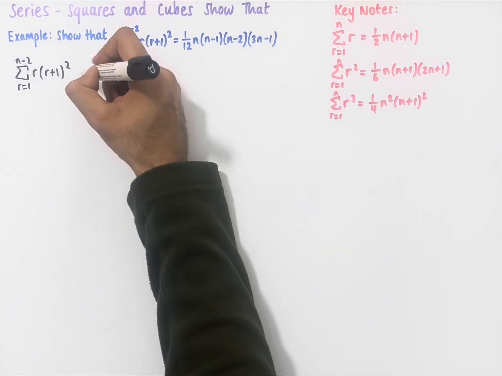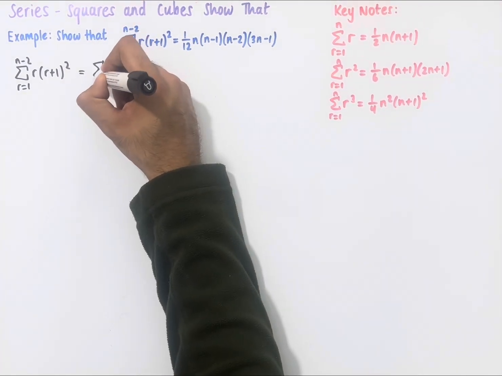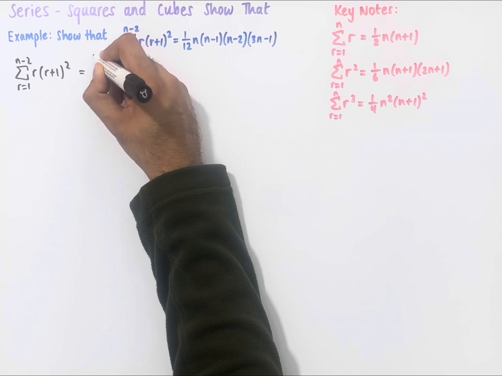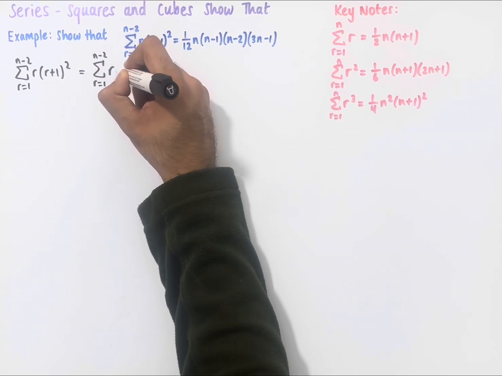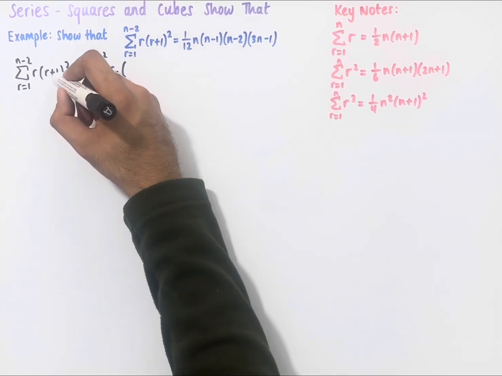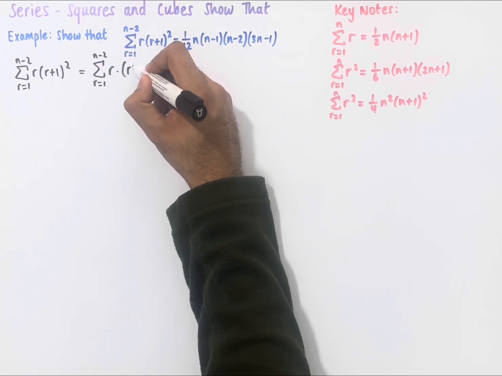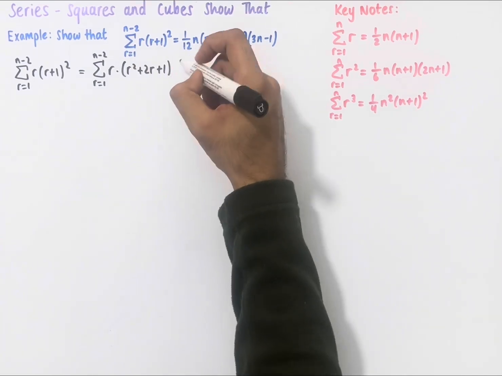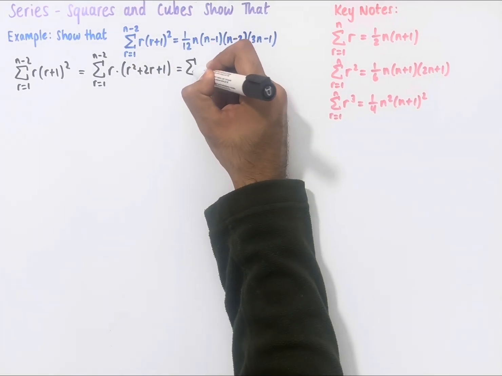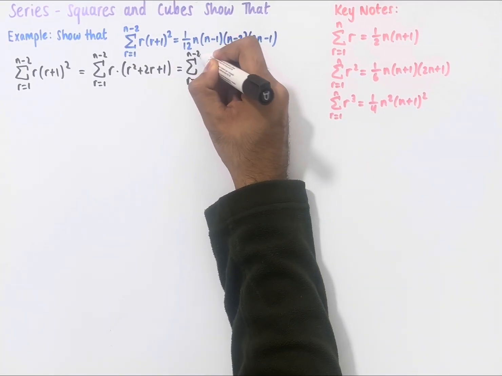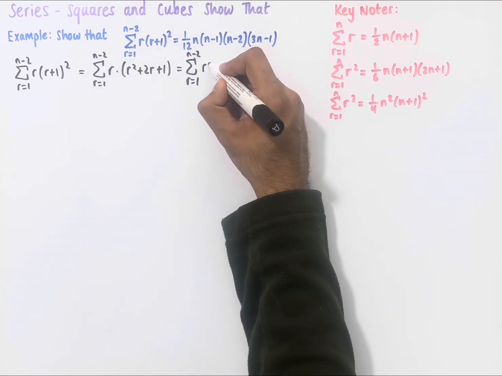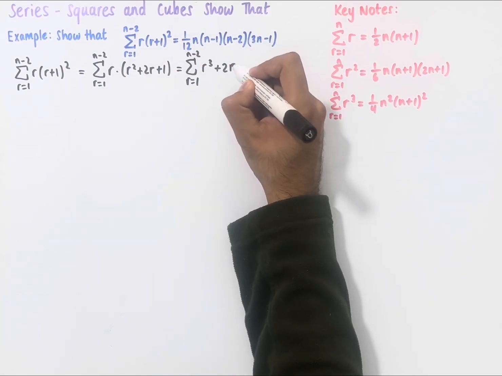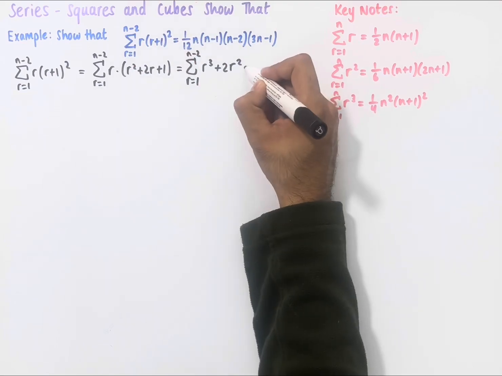And now expanding the brackets out, we end up with the sum of r equals 1 to n minus 2 of r times, in brackets, r plus 1 all squared, which gives us r squared plus 2r plus 1. Expanding this out, r times r squared is r cubed, r times 2r is 2r squared, and r times 1 is r.